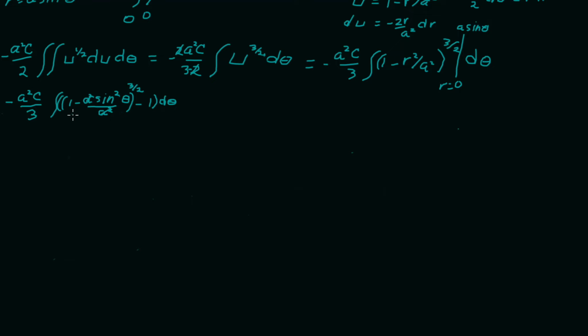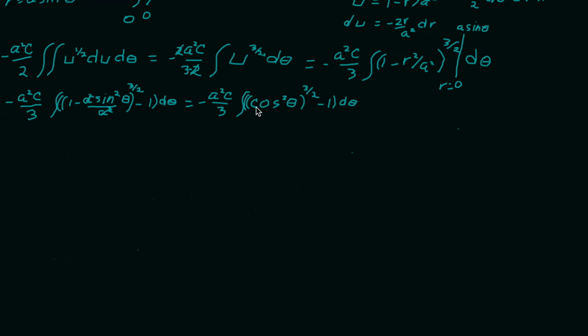One thing we can do is substitute cosine squared here for 1 minus sine squared, like this, giving cosine squared θ to the 3/2 minus 1. We can simplify this cosine squared to the 3/2 by canceling out the squared and the square root.